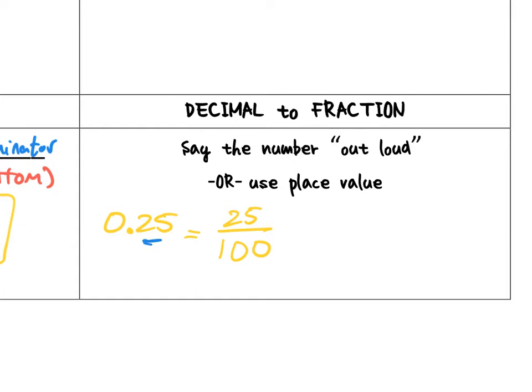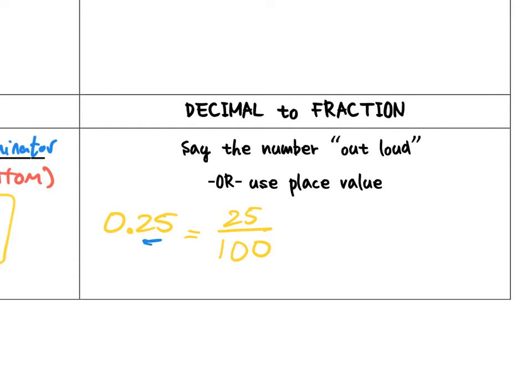So, you have to look and figure out how to reduce fractions. So when you look at this, you have to decide what number goes into 25 and 100. 5. Yeah, 5 absolutely goes into 25 and 100.